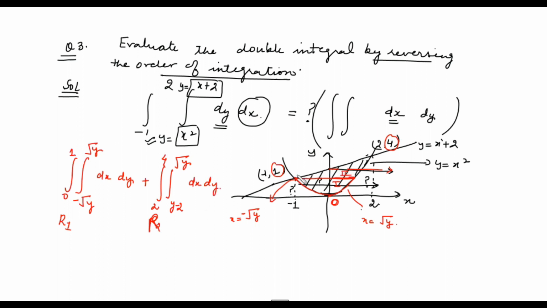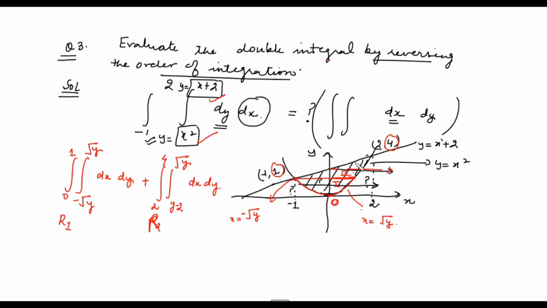So here the region R is split into two regions. Whenever we have to evaluate the double integral by reversing the order of integration, first of all sketch the region. Then if you want to integrate with respect to x first, you take a parallel line to x-axis. Observe whether the limits for x are fixed or varying; if varying, split the region.